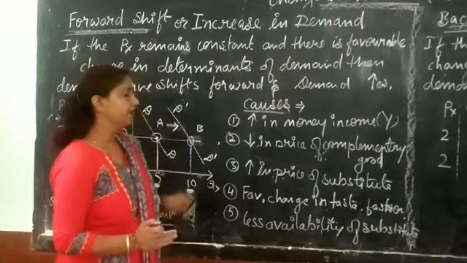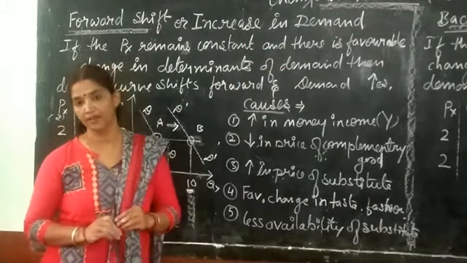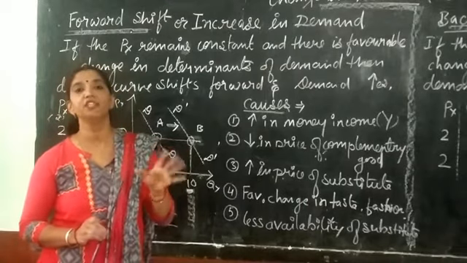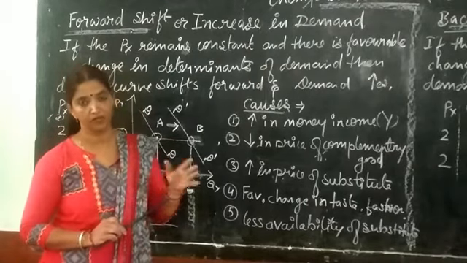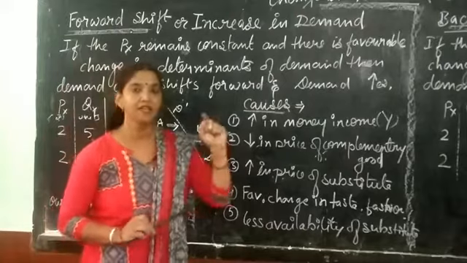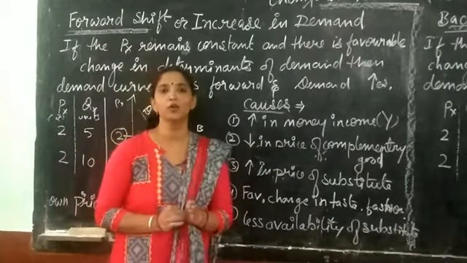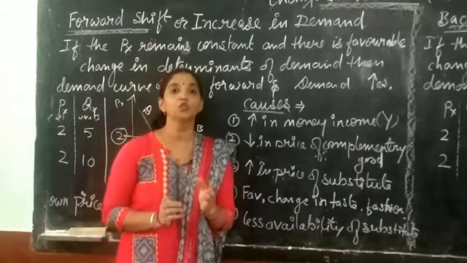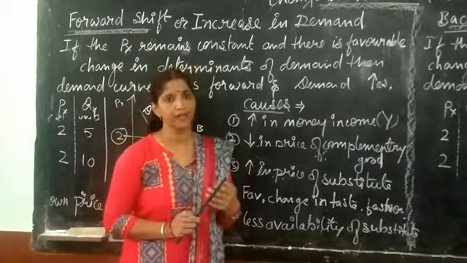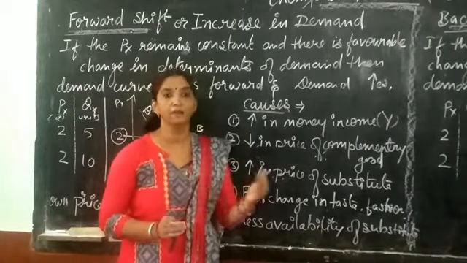Okay. Second is price of related goods. There should be a favorable change in the price of related goods. For example, first I am taking complementary goods. Complementary goods are those goods which can be used together, like pen and ink, like car and petrol.